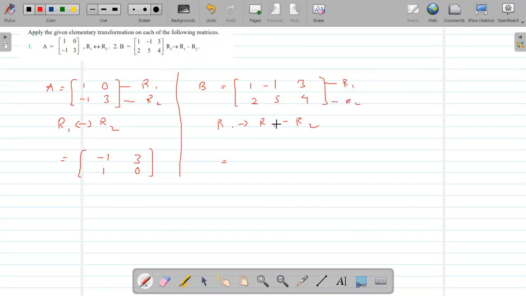And it says R1 minus R2. So changes will come in which row? किसमें changes आने वाले हैं? तो row 1 में changes आने वाले. जो भी arrow के left side में रहता है, the part which is in the left side of your arrow will be the main part. उसके अंदर ही effects दिखाई देंगे. तो हम क्या करेंगे? Second row को we will write as it is.